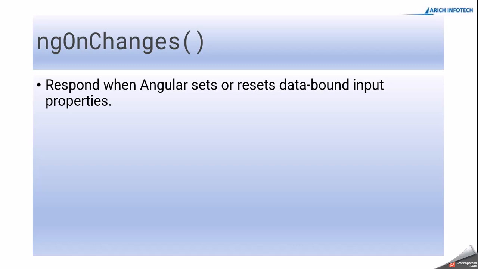So the first method of the life cycle is ngOnChanges. All method names start with ng, and I think you know that all commands of Angular start with ng. All 8 methods start with ng. First is ngOnChanges. When you change anything in your component or template, this method will execute.